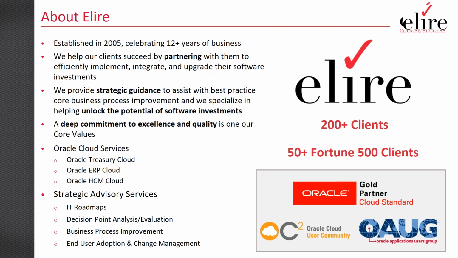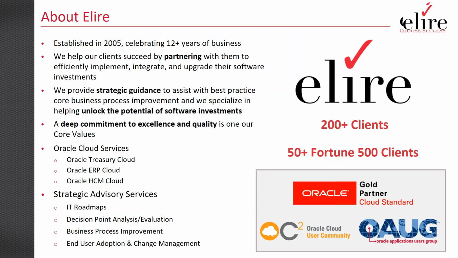And we add an extra layer on top of those offerings by also providing strategic guidance to help with best practice and business process improvements. So we're not just experts in the software investments, but also in the actual thread. In this case, today's topic, cache management and treasury, on how to further improve your business processes to get the most out of your Oracle investments.